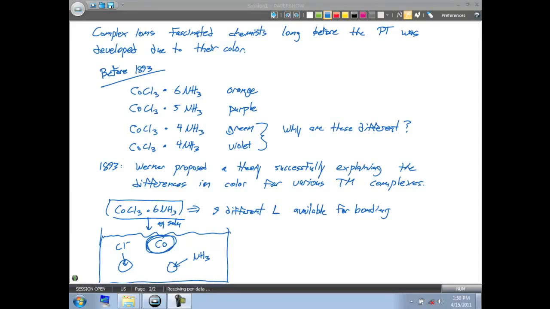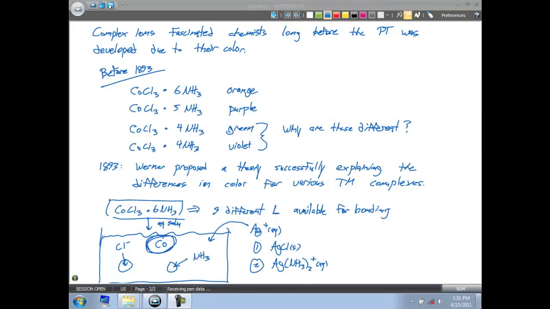If we add silver or silver nitrate and I dump it into this solution, one of two things would happen. One, we could have a silver chloride solid, or the second thing that could happen is we could form this Ag(NH3)2+ complex ion.